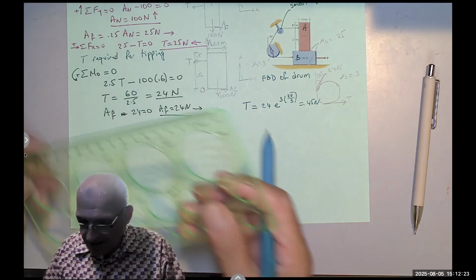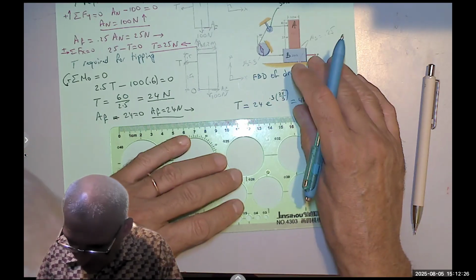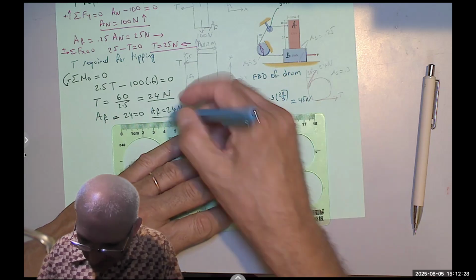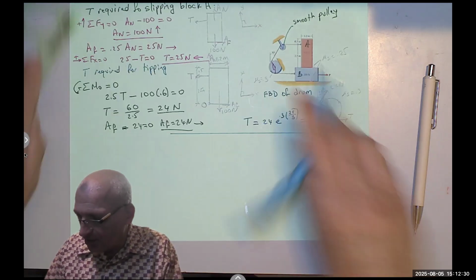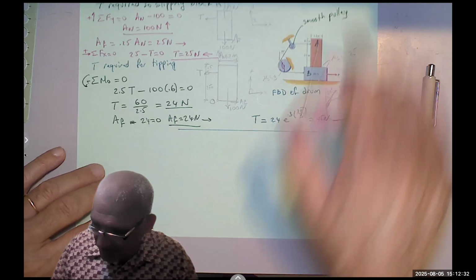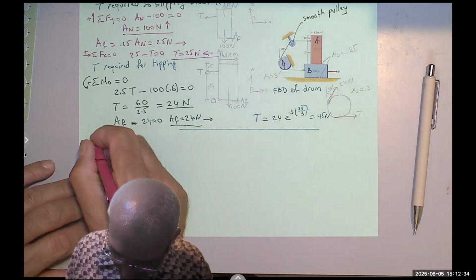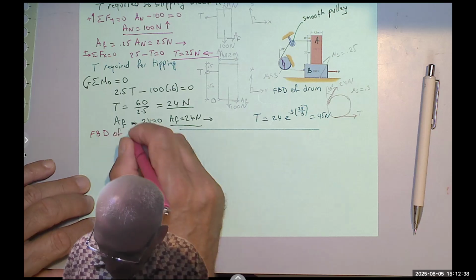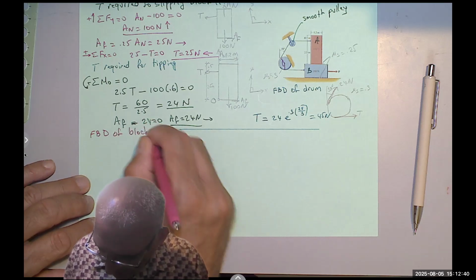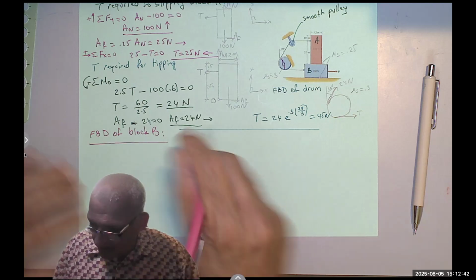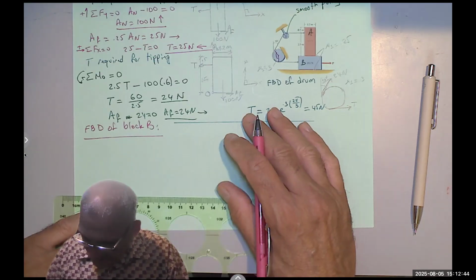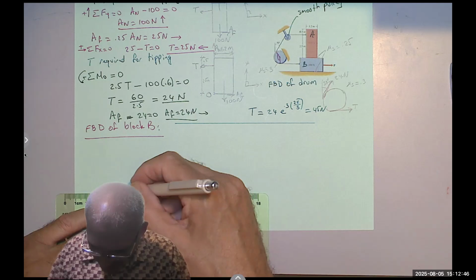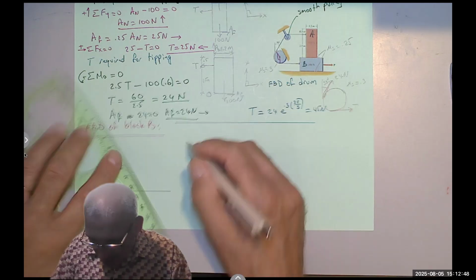And finally, you are going to draw the free body diagram of the bottom block, block B, which is the 200 Newton. Free body diagram of block B. So now I have a rectangle, which is the bottom block.